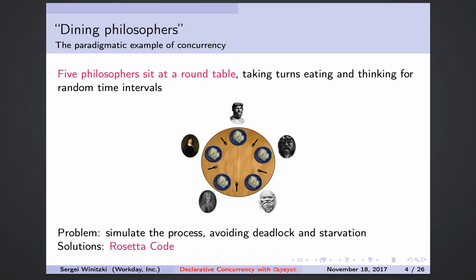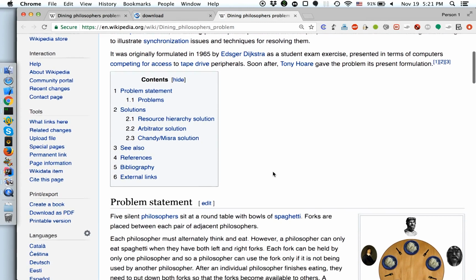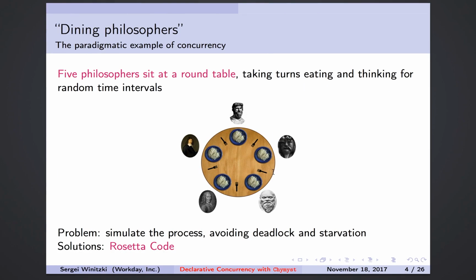A typical example of a concurrency problem is dining philosophers. You see the dining philosophers problem. Read this page if you're not familiar with it. The problem is to simulate this process while avoiding deadlock and starvation of philosophers.